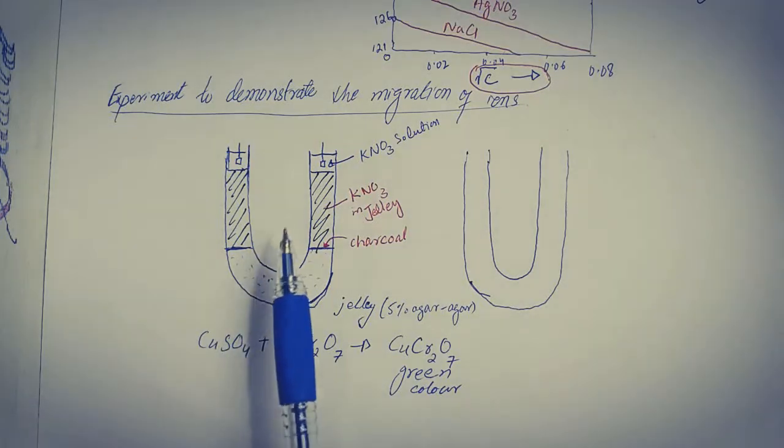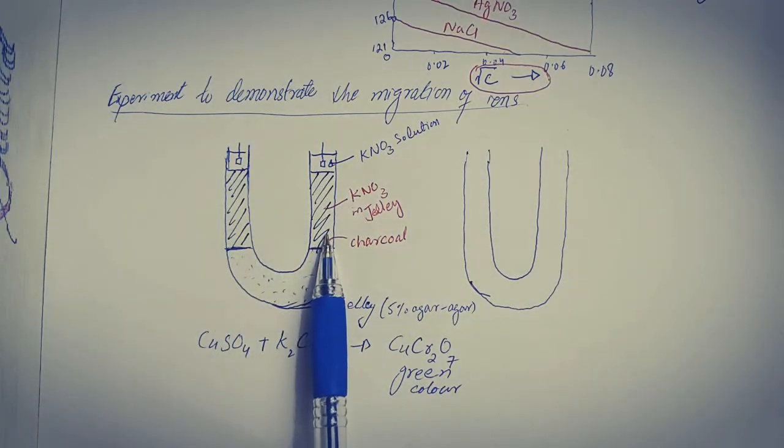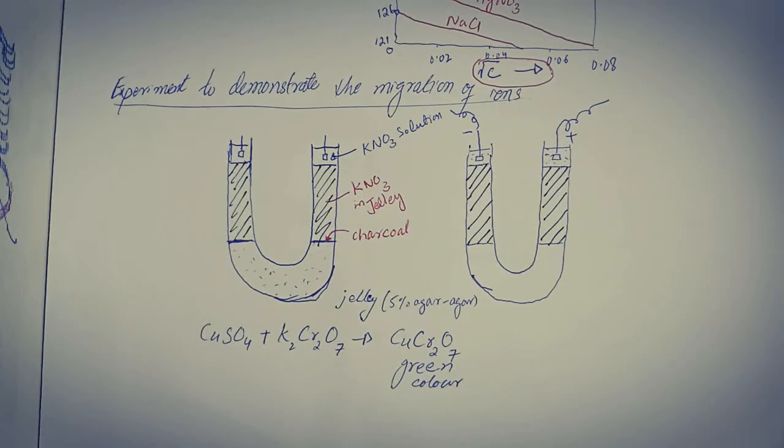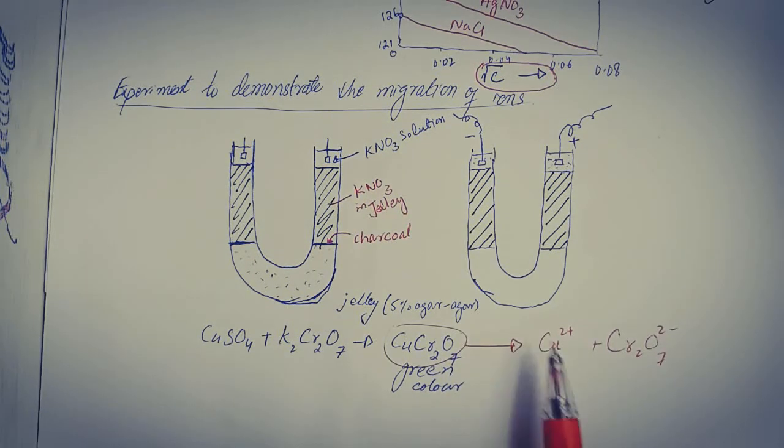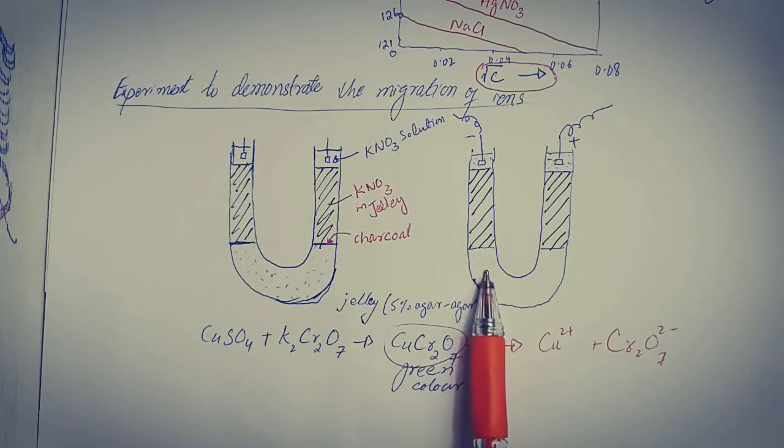Now when the current is applied to the system as shown here, what happens? The copper 2+ ions having blue color move towards the negative electrode.